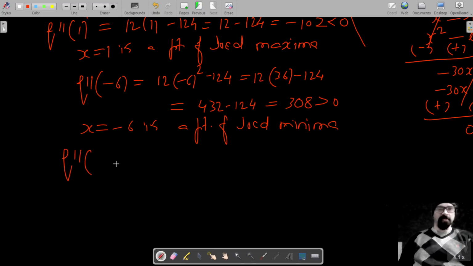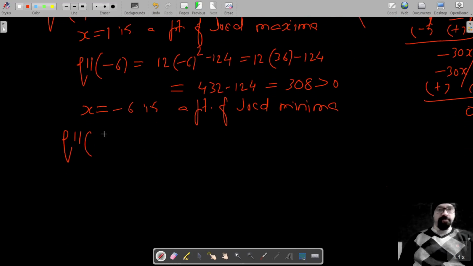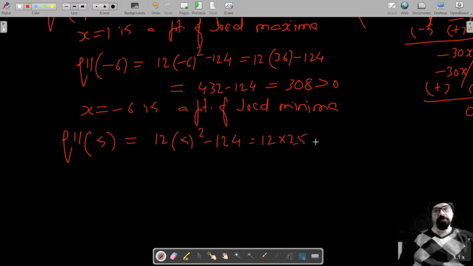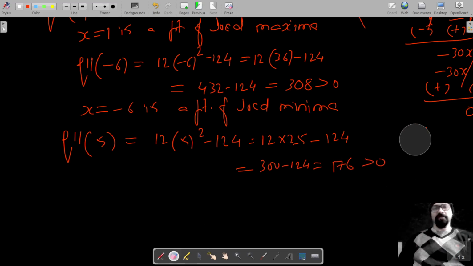Now let's check the second order derivative for the other critical point, which is 5. So this is 12 into 5 square minus 124. So 12 into 25 is 300, minus 124, is 176, which is greater than 0.